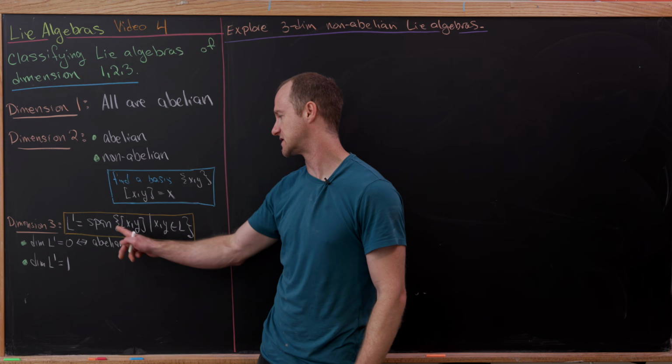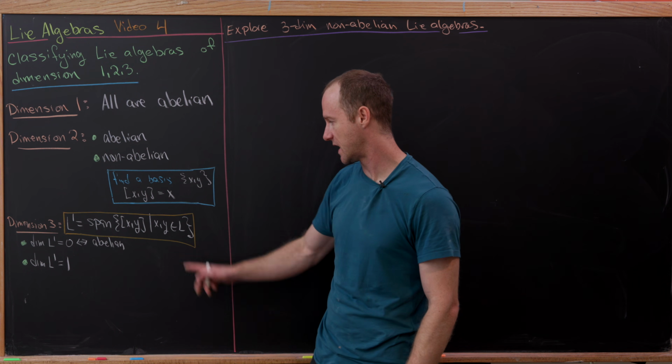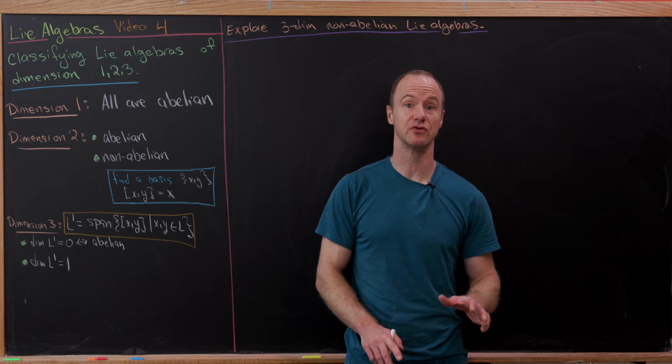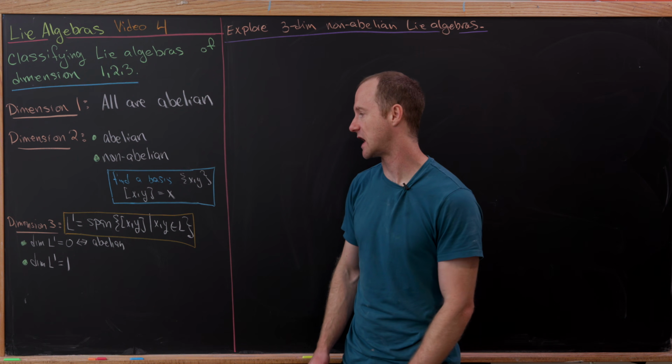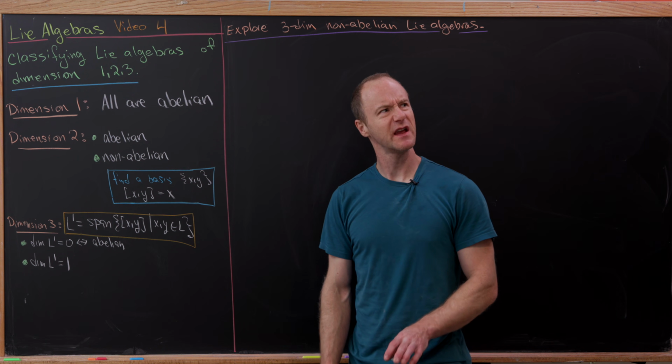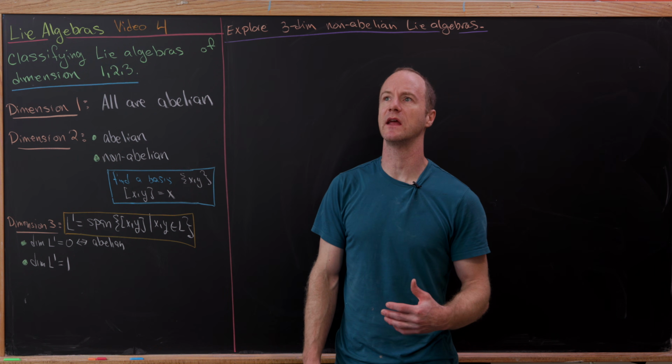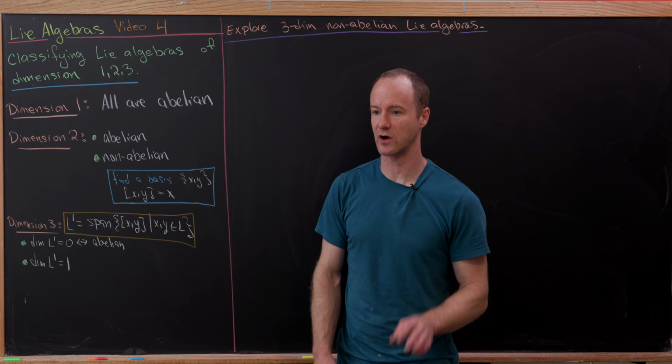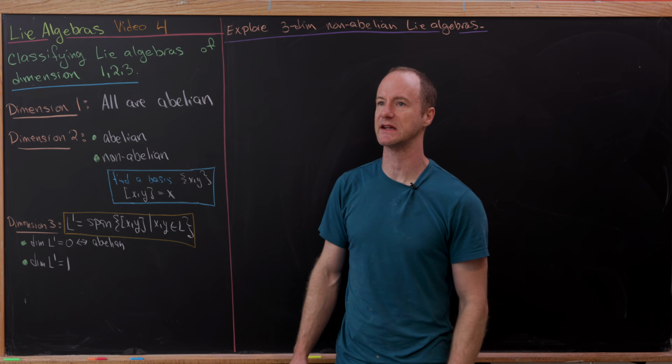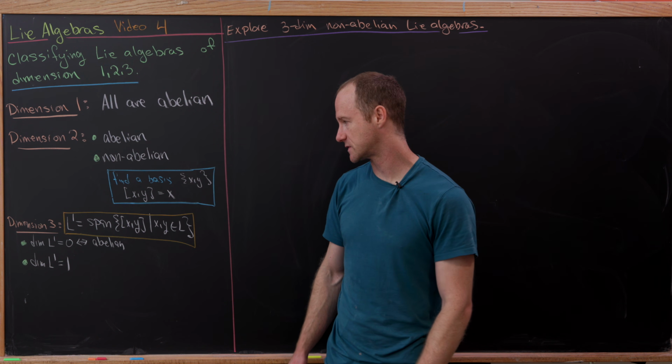So in other words, it's the span of bracket XY as X and Y range through all elements from the Lie algebra L. I think in a previous video we calculated the derived subalgebra for a couple of Lie algebras, so we got our hands dirty with some examples.